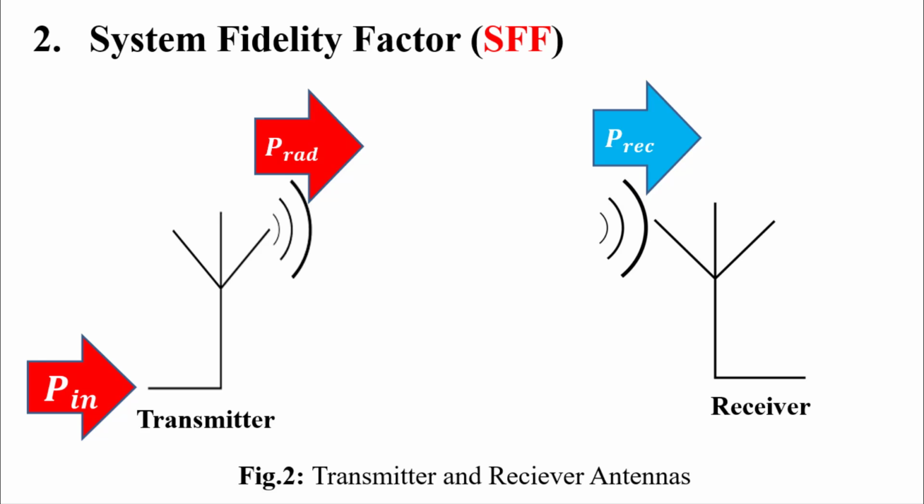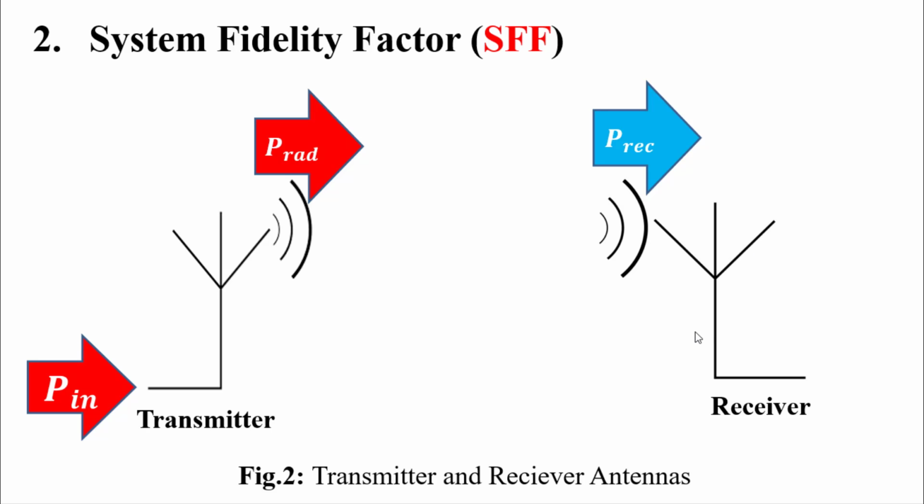We can study the system fidelity factor SFF for multiple angles. It is a comparison between the main beam, the main direction, and other directions, other angles, between the transmitter antenna and receiver antenna.